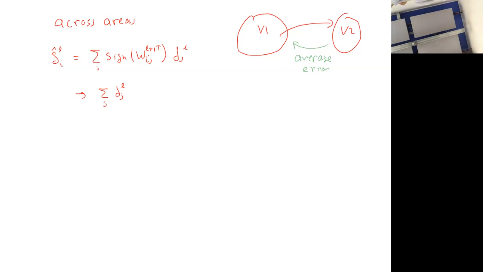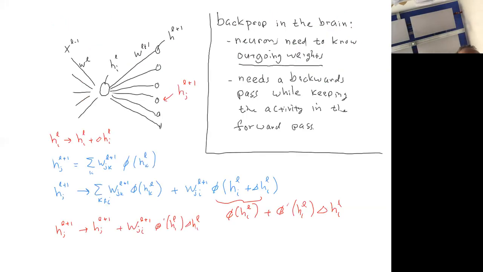If the average error is negative, you want to increase the weights. So it becomes a really, really, really simple update rule. Now we still have the problem that in each pass you have to remember the activity, but that could be done in principle. That's not so hard.